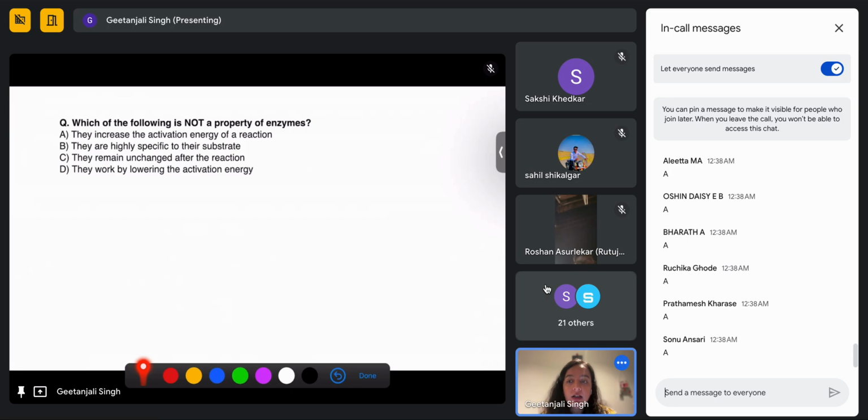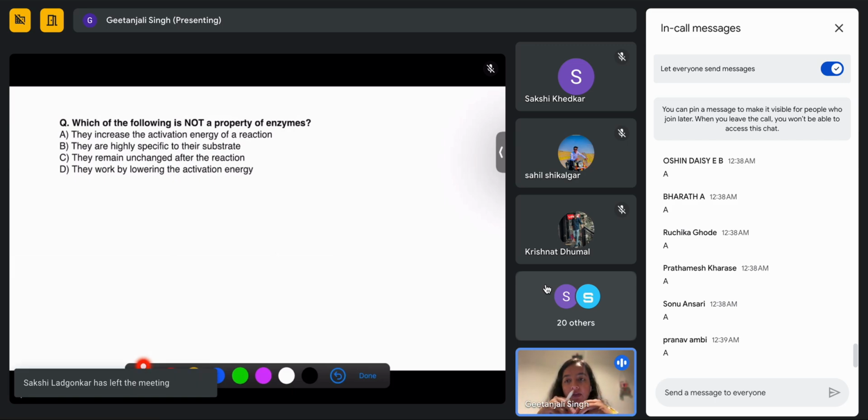Yes, obviously, enzymes are very, very specific. One enzyme does not catalyze all kinds of reactions. We'll read about their mechanism in the upcoming slides, but they have a particular affinity towards their substrate. They catalyze a particular reaction very efficiently, hence they are very specific.